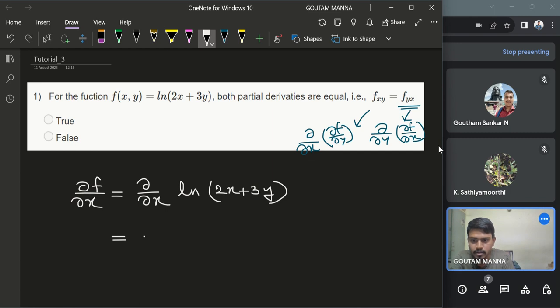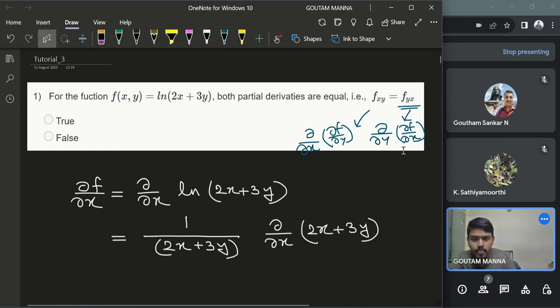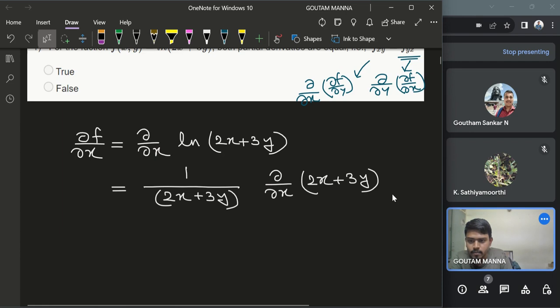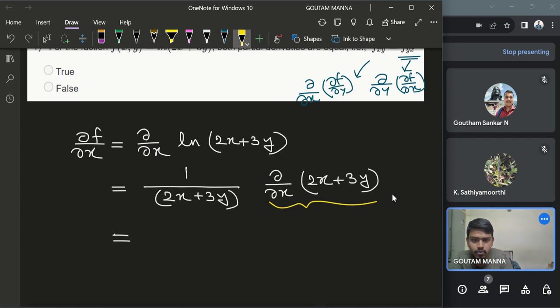So it will be 1 by 2x plus 3y, and del x of again this quantity 2x plus 3y, which is 2. So we will get 2 by 2x plus 3y.